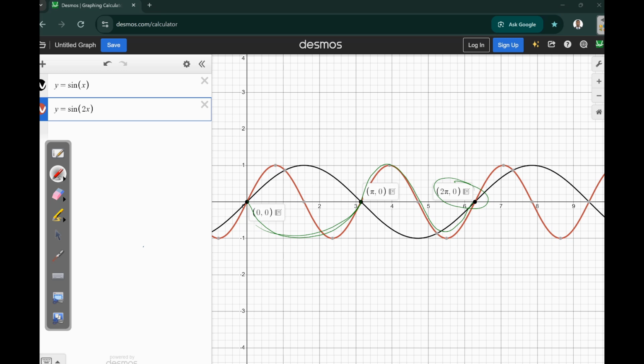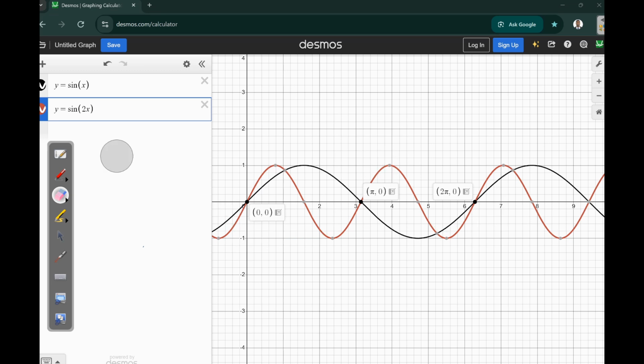So the period moved from 2 pi to pi. I multiply this by 2, but then the period was divided by 2. So that's why we say it's a stretch by factor 1 over the value that is here, 1 over 2. So the period, which was 2 pi, multiplied by that half, gives this new period, which is pi.